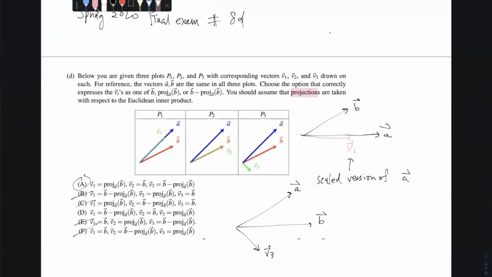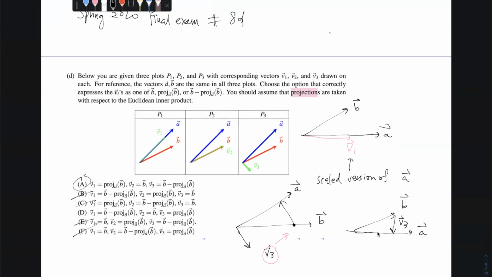If we move vector V3 in between A and B, this is not drawn super well, we see that this vector V3 also has the same magnitude as this vector here that goes from the vector B to the vector A. So if we just flip this, like how we did here, so we can better visualize this, we see that vector V3 is just this vector right here.